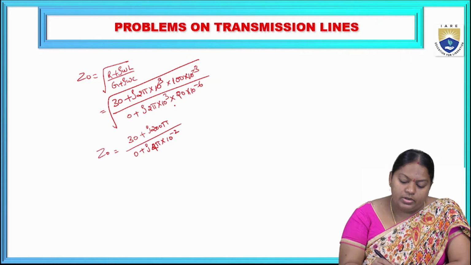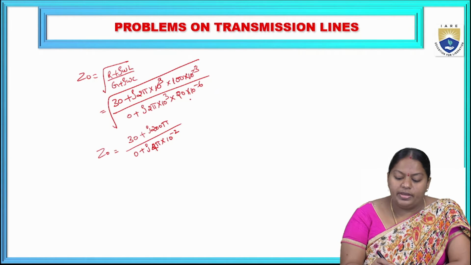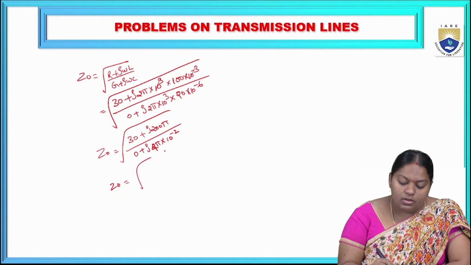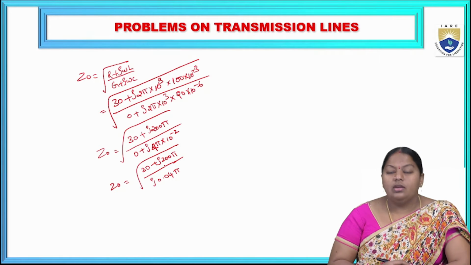And 20, if you multiply 2 into 2 becomes 4 pi, 10 cube into 10 becomes 10 power 4, and into 10 power minus 6 becomes 10 power minus 2, which gives Z0 equal to root over (30 plus j 200 pi) by j 4 pi, meaning j 0.04 pi value is to be obtained.